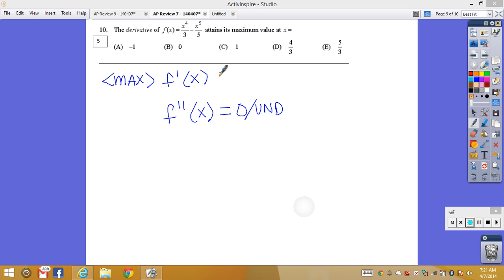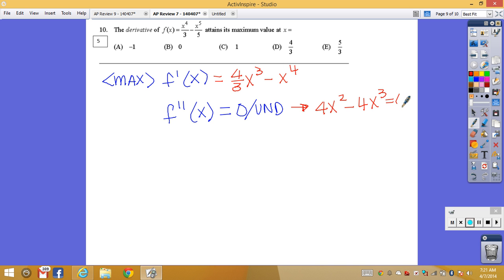So in this case, you would need f prime, which would be 4/3 x to the third minus x to the fourth, and therefore in this step you would take the derivative one more time, 4x squared minus 4x cubed, set that equal to 0, undefined, and the sign chart that you would be doing would be for f double prime. And there's no domain issue, so you would do the second derivative's sign chart across a domain of all real numbers.